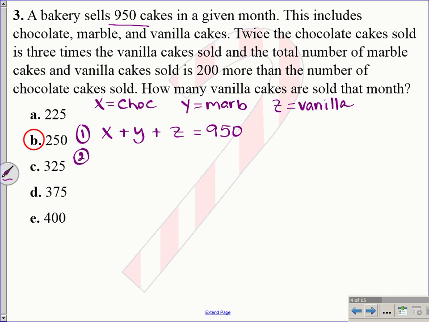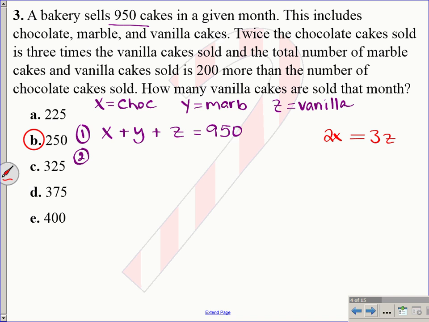Your other two equations are a little bit weird, so I'm going to start by writing those off to the side. It says twice the chocolate cakes sold, so that would be 2x, is 3 times the vanilla cake sold, so 3 times z. Now we want this equation to look the same as our first equation in the form x plus y plus z equals some constant.